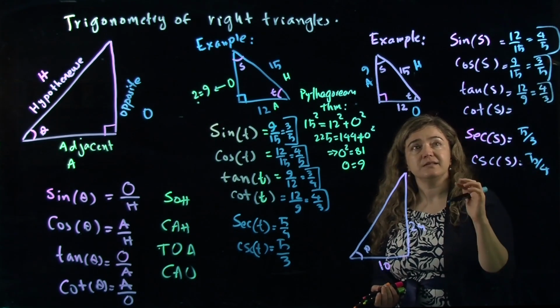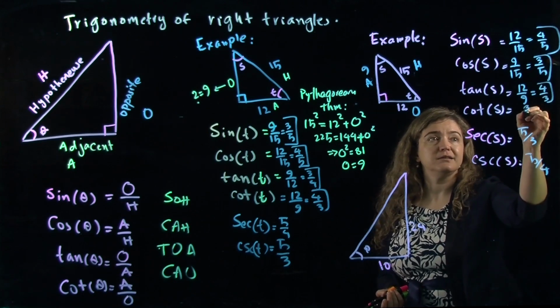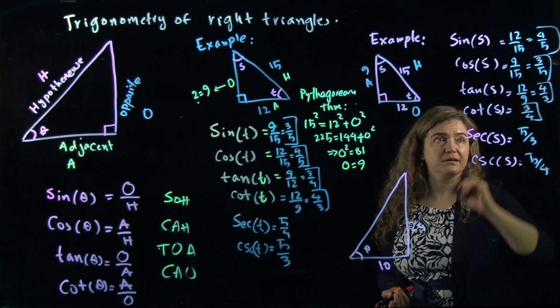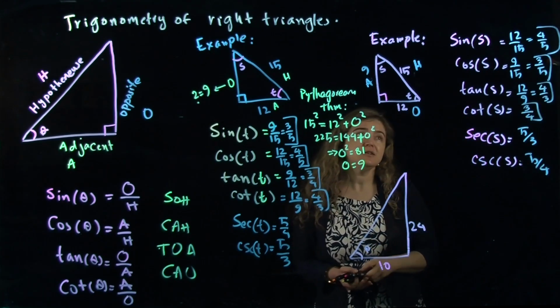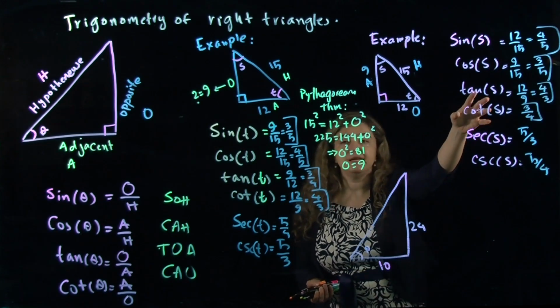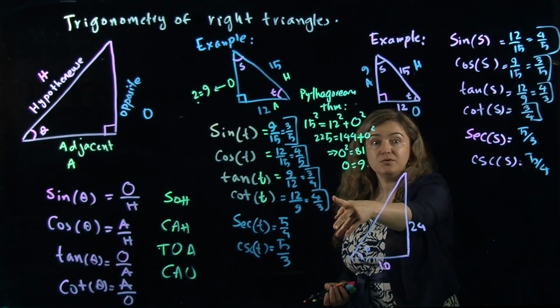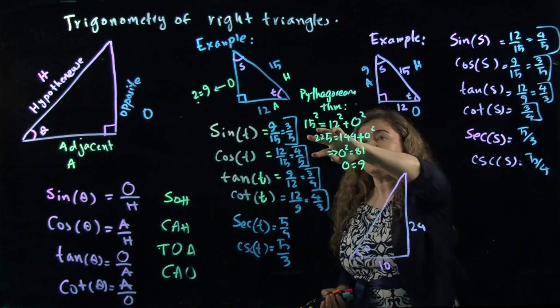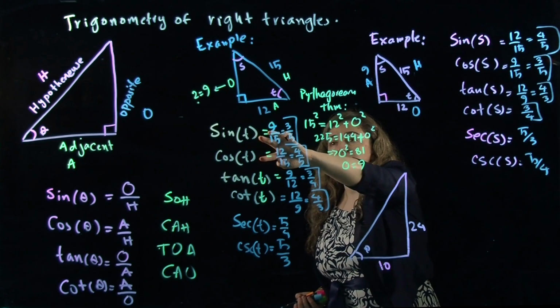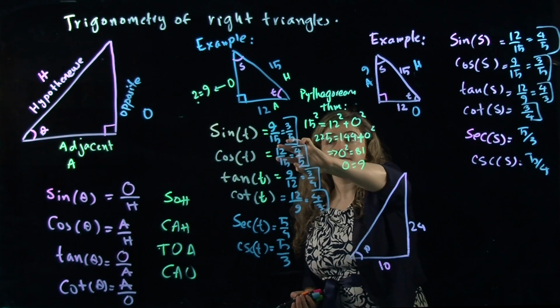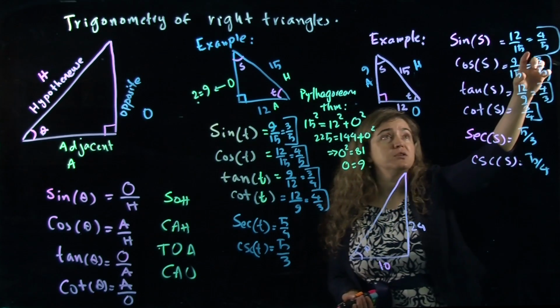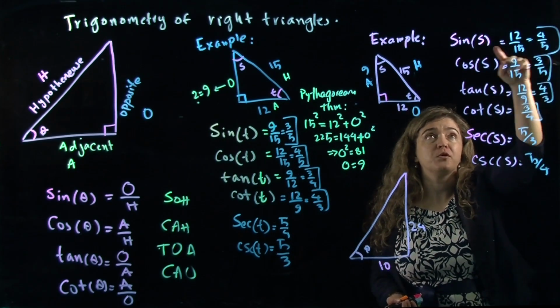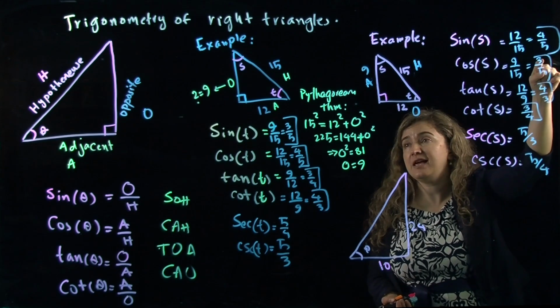Cotangent of S is the inverse of that. And you can compare these values to these values. Here, the sine and cosine of t switched when they became sine of S and cosine of S.